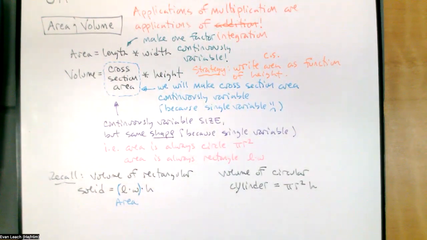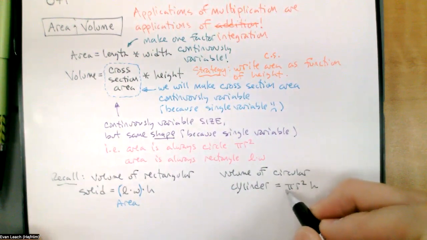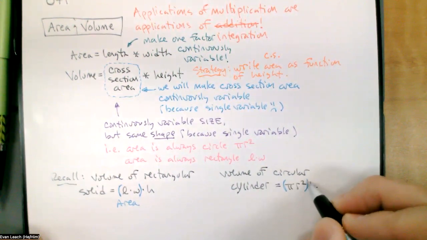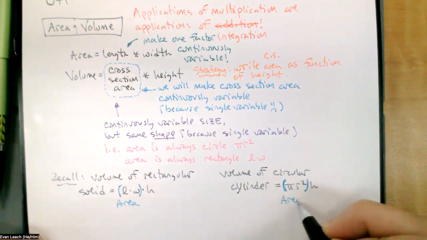The volume of a circular cylinder is pi r squared times h. Pi r squared is the area of a cross section.